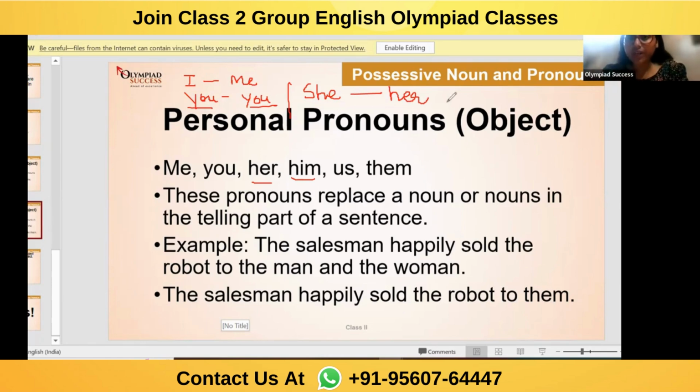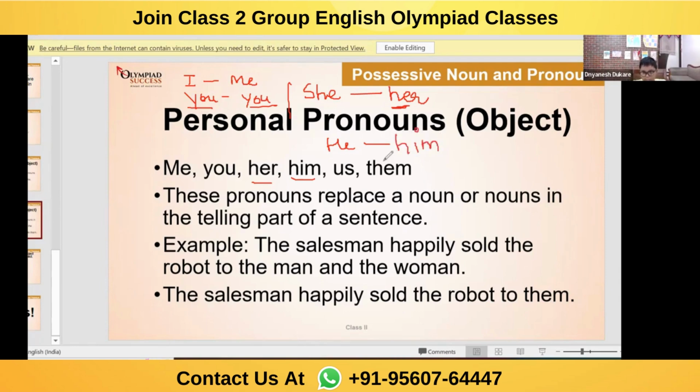So for she, we use her. And for he, what do we use? Just raise your hand. Dinesh. Him. Subject is he, so the object personal pronoun is him. Right?